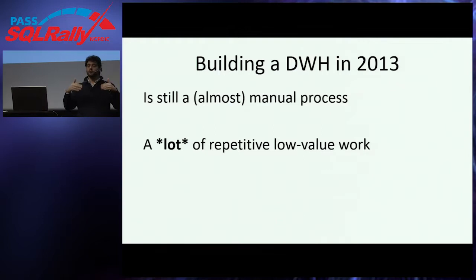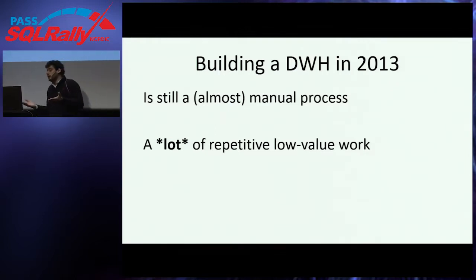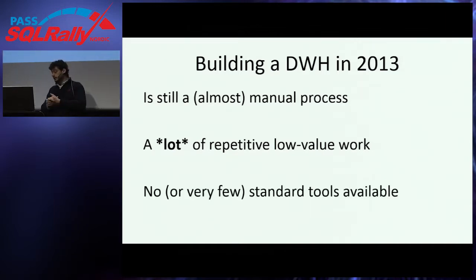You always do almost the same thing. For example, creating and loading a dimension is almost always the same thing. You just change the names of columns and tables, but theoretically and logically it's always the same. The problem is that there are very few tools available, mostly because there are no standards in the market, so one can't just follow the standard, hit a button, and say create a dimension or load that fact table, and that's it.